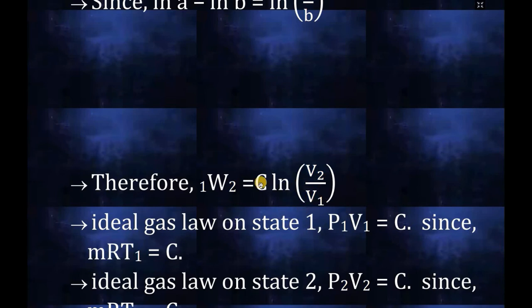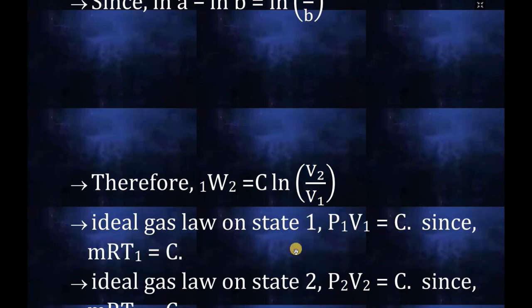Now again I am going to make a substitution for this C. As I said earlier, the mass of the gas is constant and the temperature of the gas remains constant throughout the process. So similarly, the ideal gas law for the gas at state 1 can be rewritten as P1V1 is equal to C, because mRT1 will be constant.